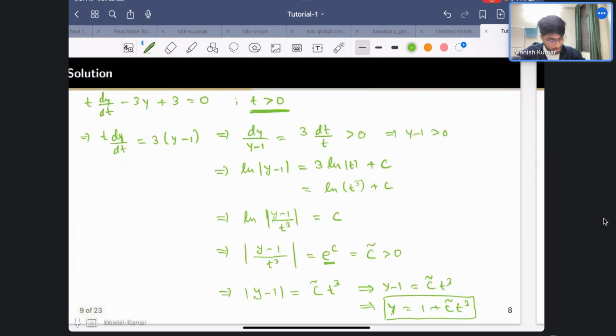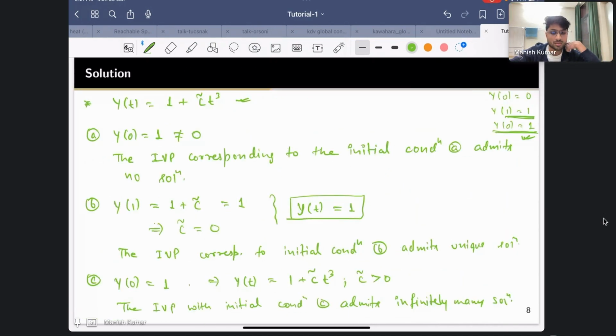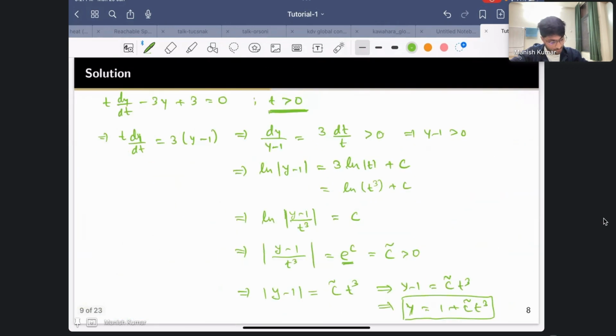And also one more question. While trying to find the solution, in one of the earlier steps we wrote dy by y minus 1 is equal to 3 dt by t. But y is not here. We have to assume that y is not equal to 1, right?